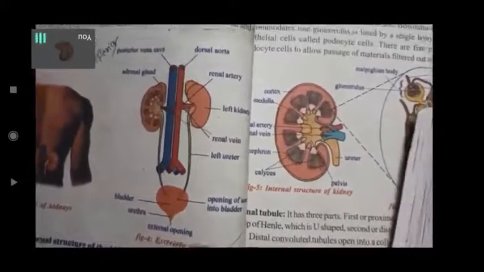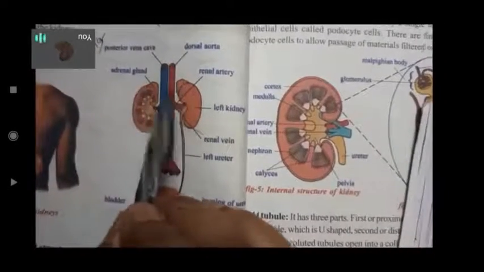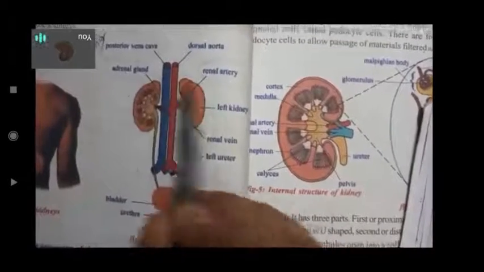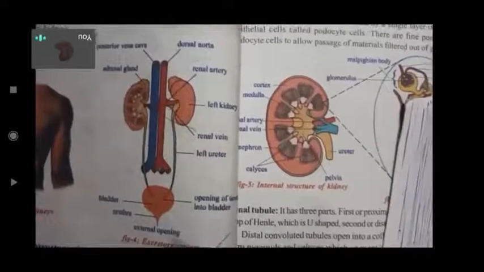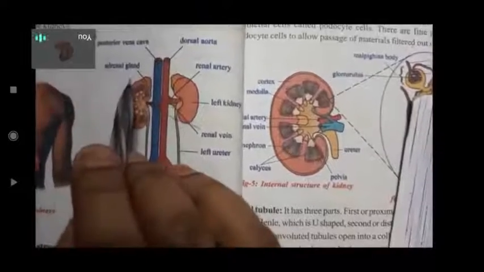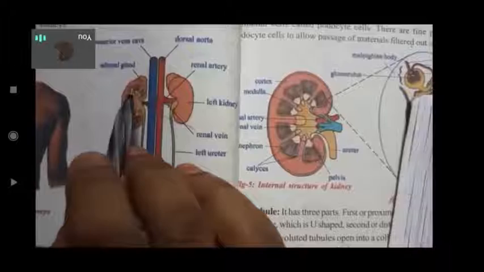One more thing before this: on the top of each kidney we have adrenal glands. About this I want to explain first, then go on to where the removed waste enters. Adrenal glands are the most important glands, small glands on the top of each kidney.